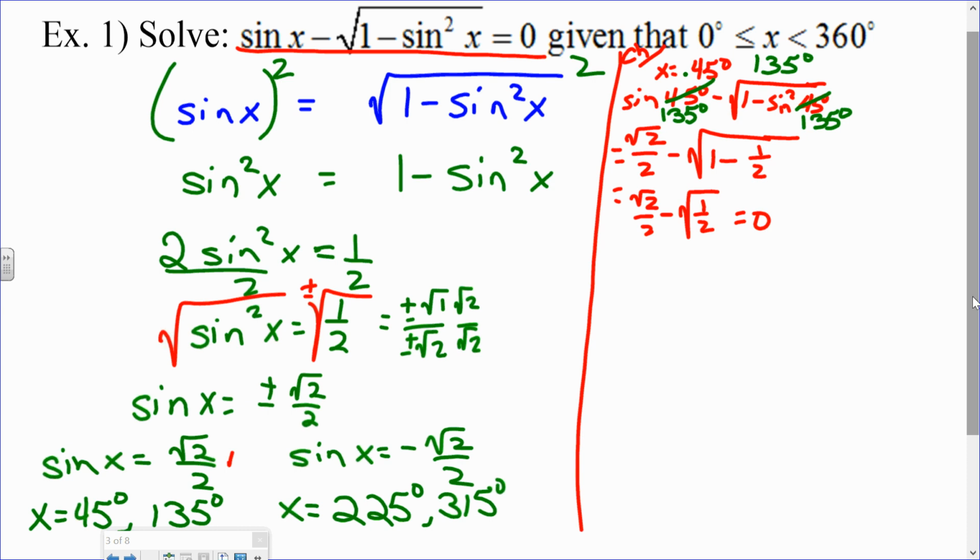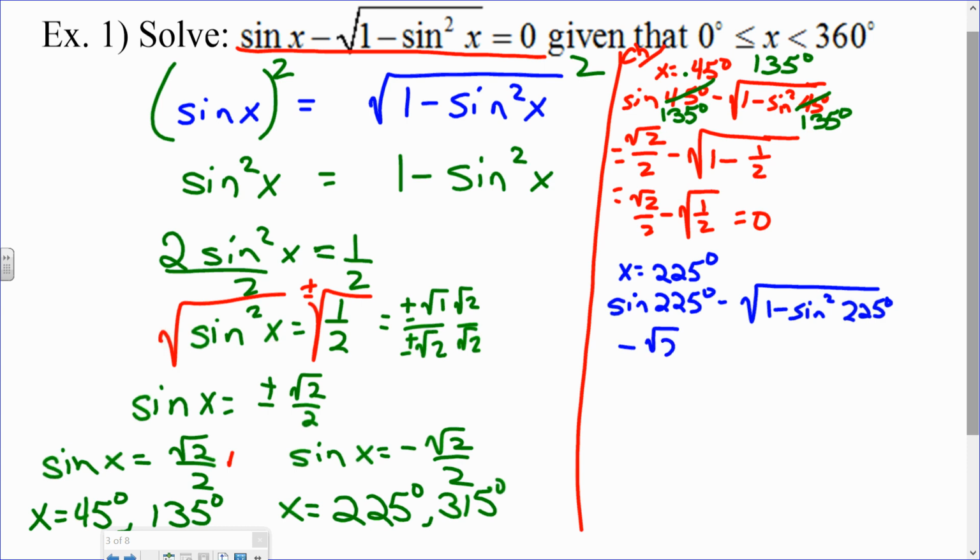Now let's see what happens if we check the ones that came from the sine being negative root 2 over 2. So if x is 225 degrees, then I have the sine of 225 degrees minus the square root of 1 minus the sine squared of 225 degrees, which means I have negative root 2 over 2 minus the square root of 1 minus negative root 2 over 2 squared.